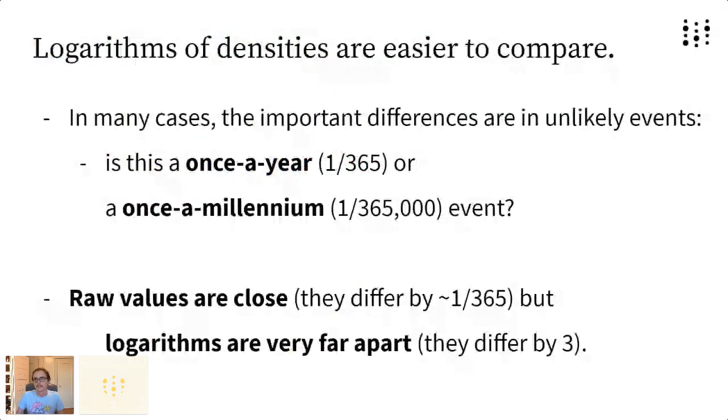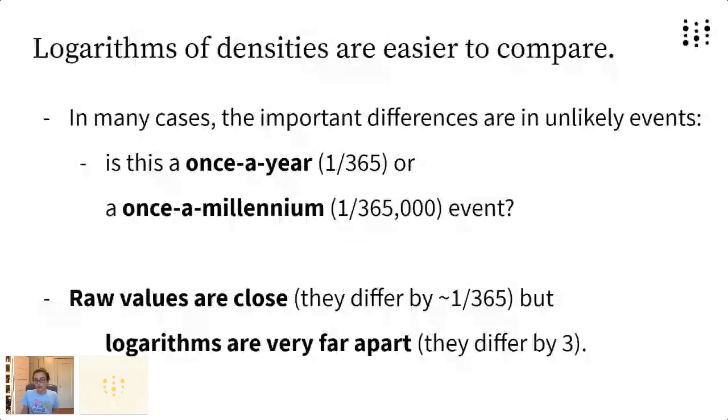The important differences in our probability distributions are often in the really unlikely events, in the tails. Is this a once in a year event or a once in a millennium event? The raw values are really close, right? 1 over 365 is only about 1 over 365 away from 1 over 365,000, thinking of these as numbers. But their logarithms are actually relatively far apart.